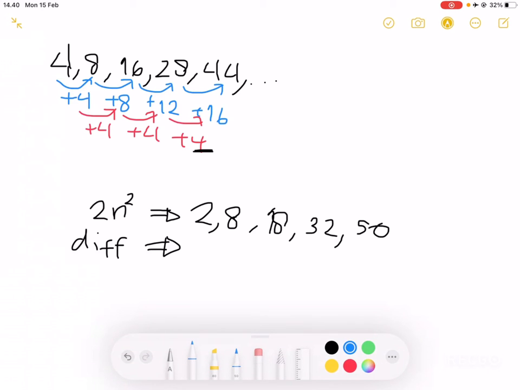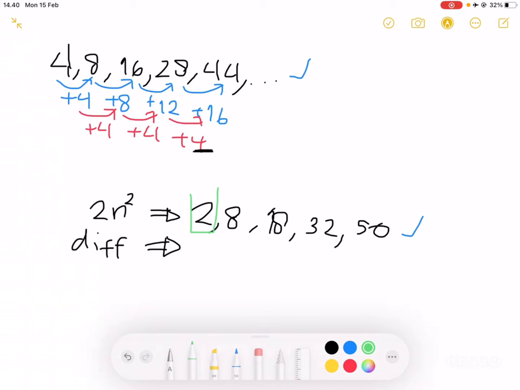So the difference between, perhaps I shouldn't say difference. I would say what to add or subtract to these terms in this sequence to get these terms in this sequence, and those numbers will be as so.